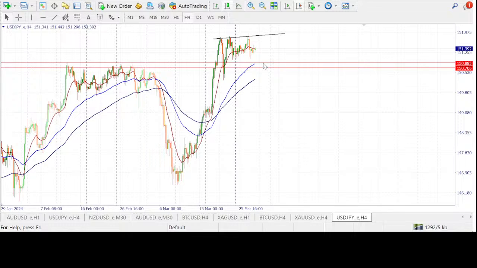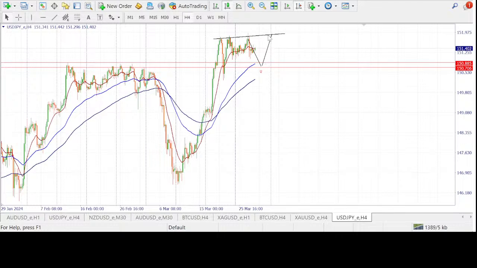So we are just waiting to see what happens. When the price goes down and touches this zone, we will be looking for a buy position, expecting the buyers to push price back to the upper side, up to this trend line here.